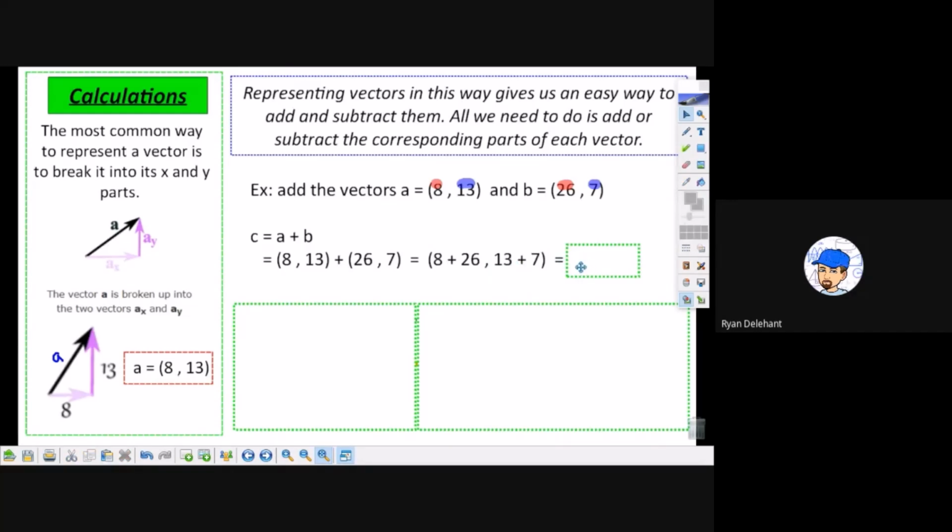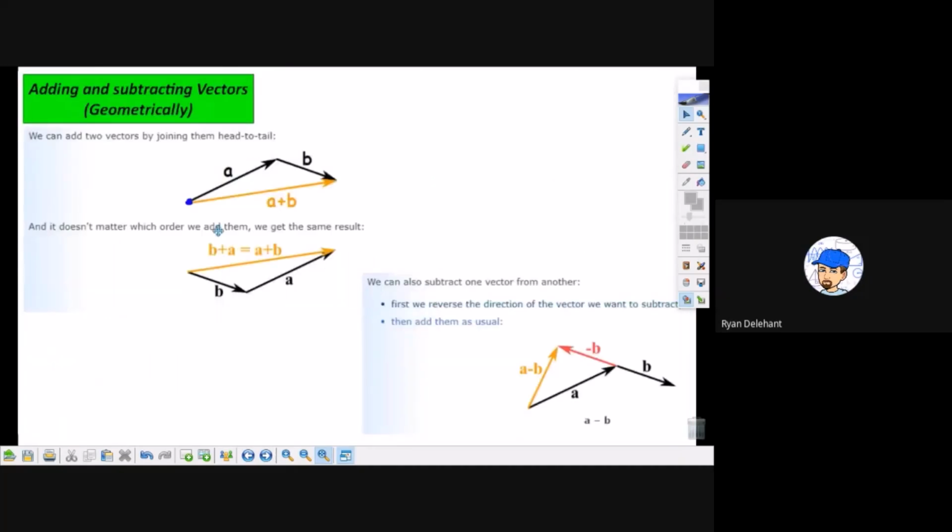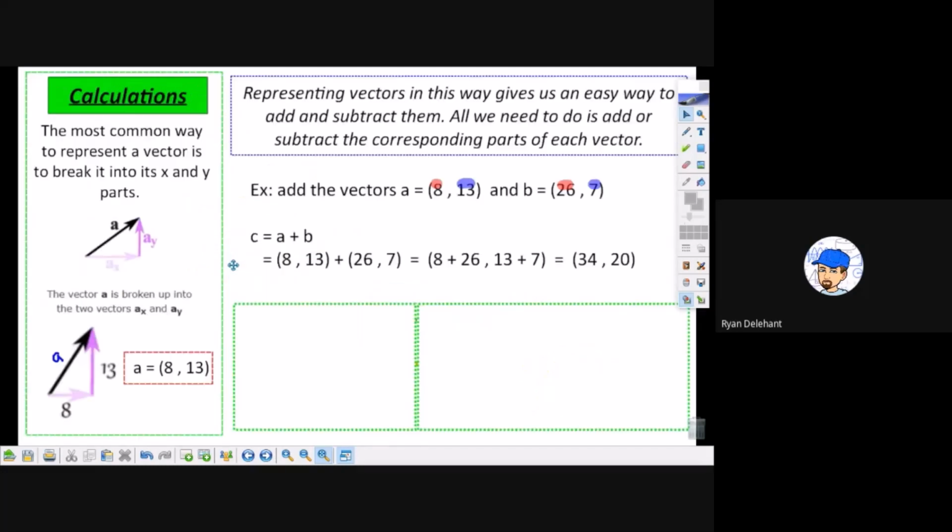So this tells me the resulting vector, if I add these two together, the orange one in our previous slides, should have an X component of 34, because that's what 8 plus 26 is, and a Y component, 13 plus 7 is 20. Which when we just look at this in numbers, doesn't seem to tie back into how that corresponds to this orange line, which is really what we wanted to find when we added these things together.